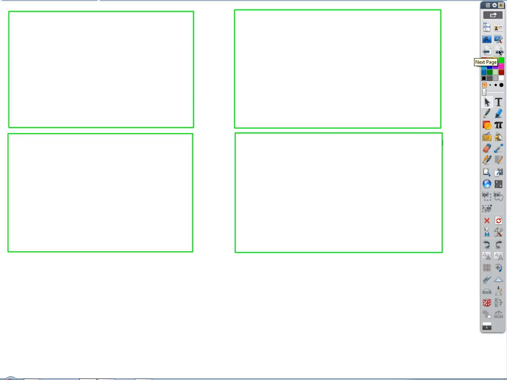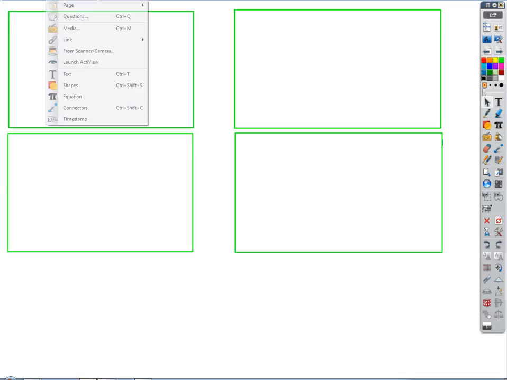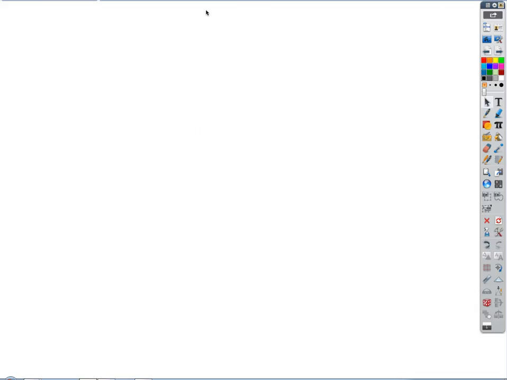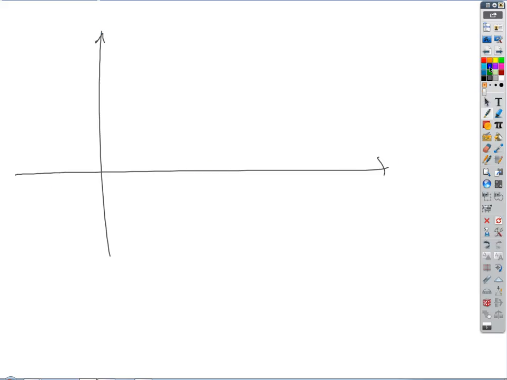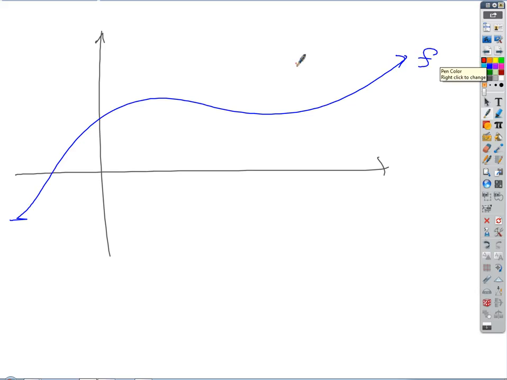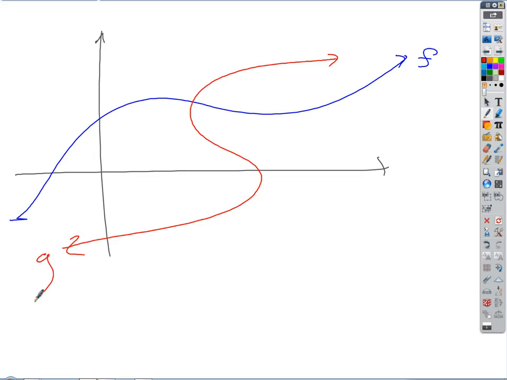So for example, let's graph two different relations. Let's call the blue one F. And let's call the red one G. Okay, how many of those are functions? One. Which one? The blue one, good.